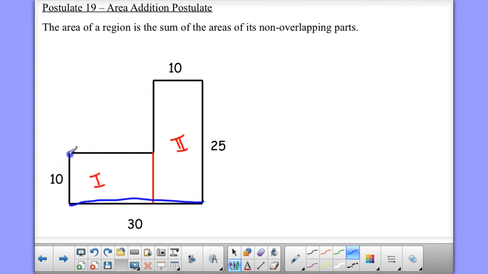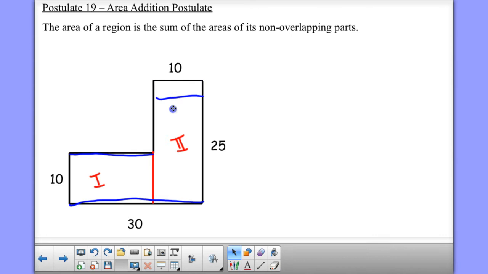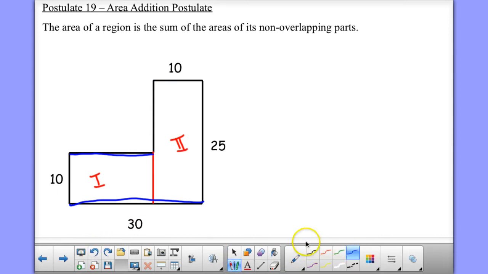Do you see a way I could figure out the length of the rectangle here? Well, we have a piece up here that's 10. And if this piece here is 10, the other piece would have to be 20 in order for the total length to be 30. So here we have 20.